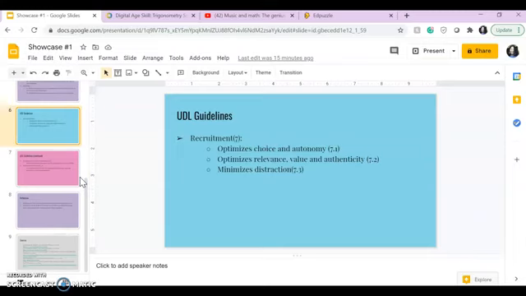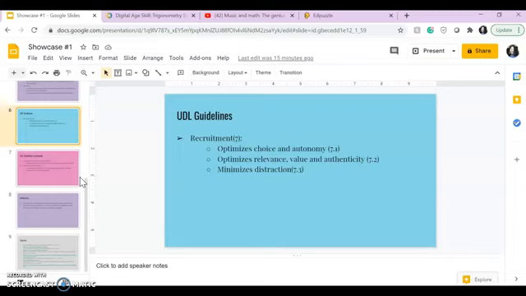7.2 optimizes relevance, value, and authenticity. Students engage when it is relevant and valuable to their goals and their interests. So, like the video of music, and the lesson is music. And it minimizes distractions.